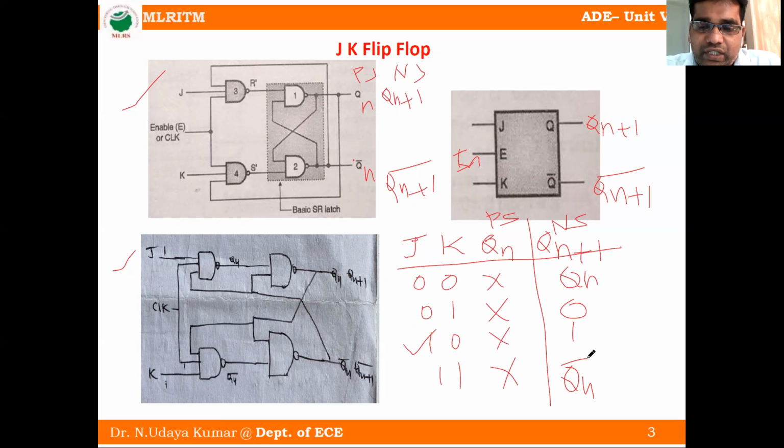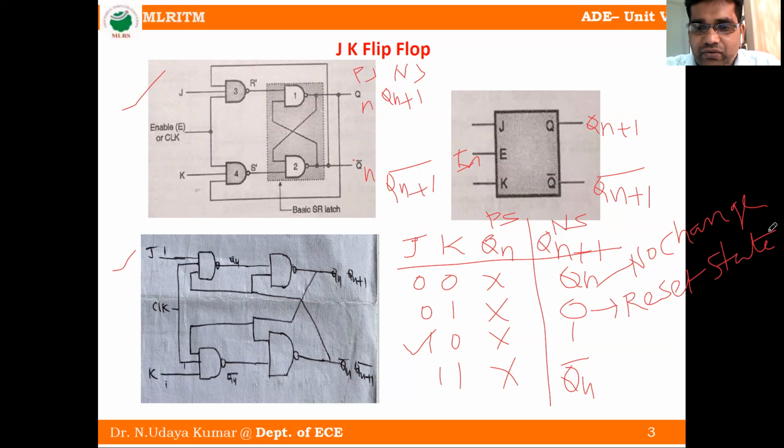That means whenever 0, 0 is given, what is the next state? Qn means the present state. That means no change. Whenever 0, 1 is given, the next state is 0, which is the reset state.